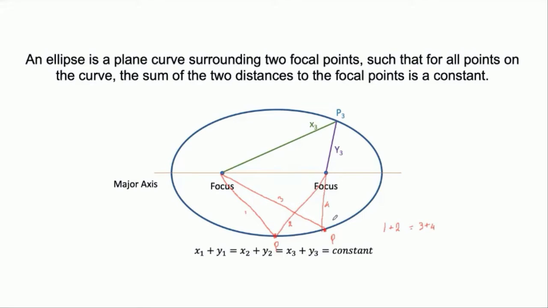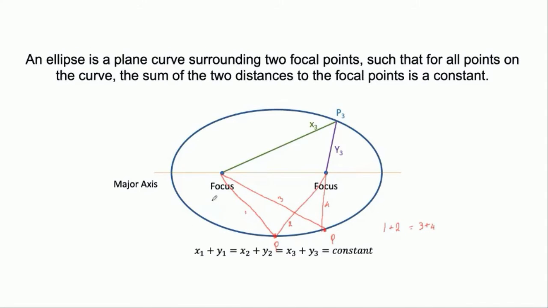Can you understand what I said, sir? So this is what is mentioned here: the sum of the two distances to the focal points is a constant. The sum of the two distances, 1 and 2, is a constant, or 3 and 4 is a constant. And again, you can go on with a number of points.